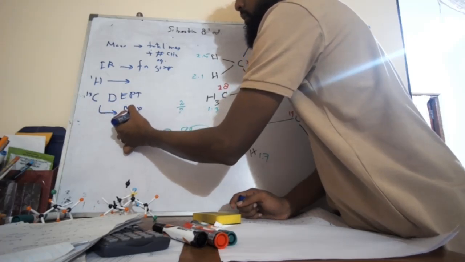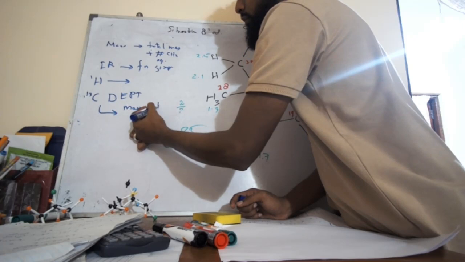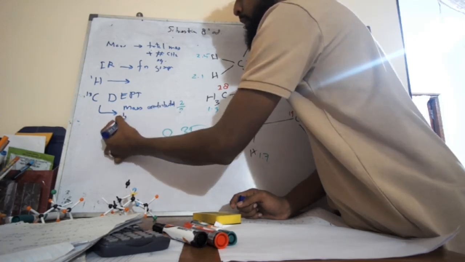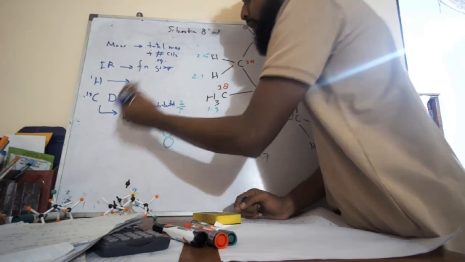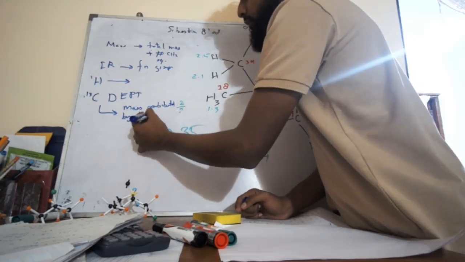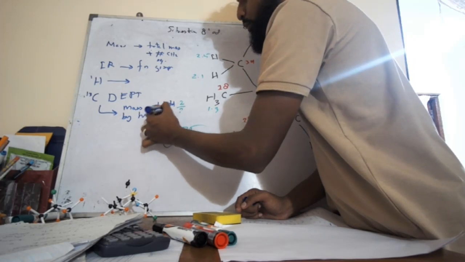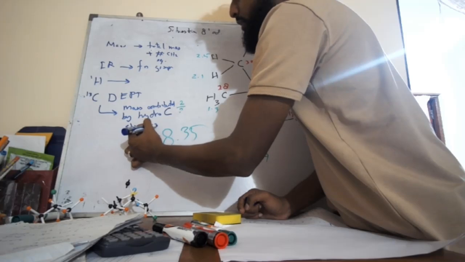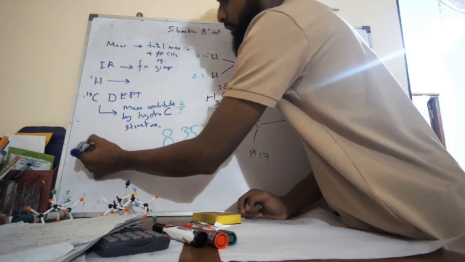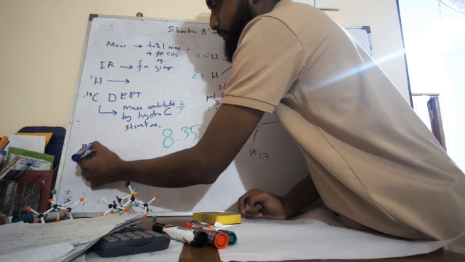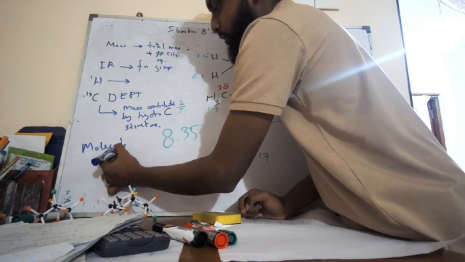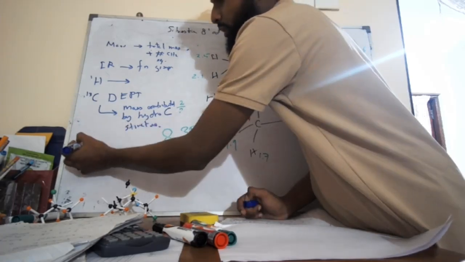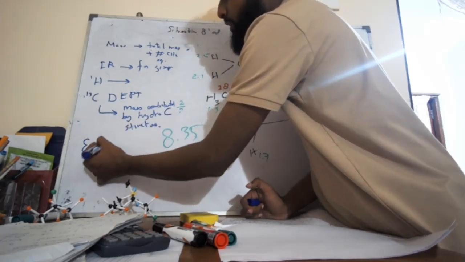And then from this you get the mass contributed by the hydrocarbon structure, right? Using this and then this, you can get the molecular formula, or rather the empirical formula can be guessed using the observations so far.